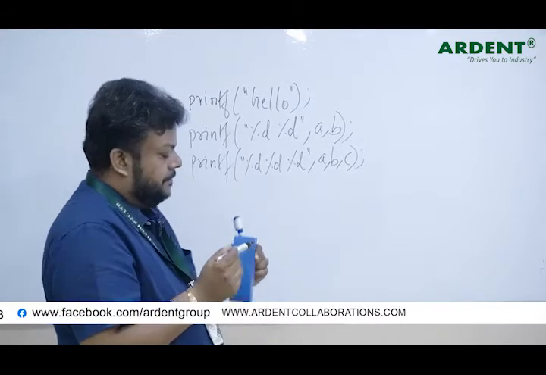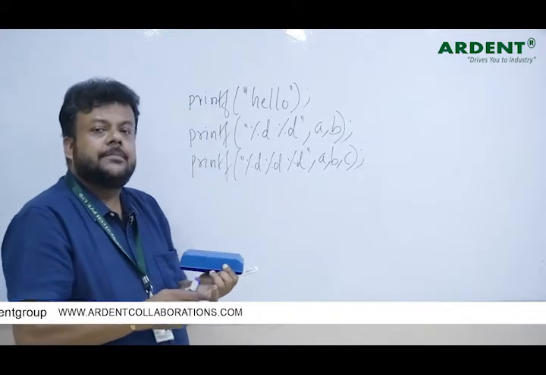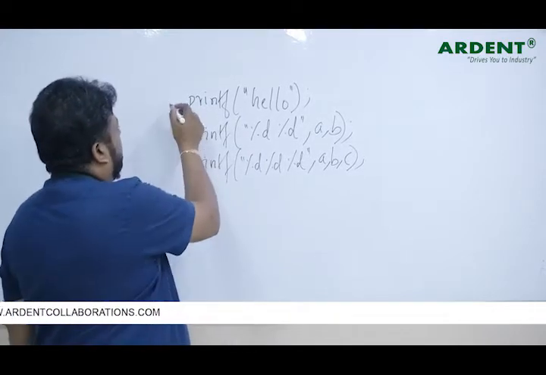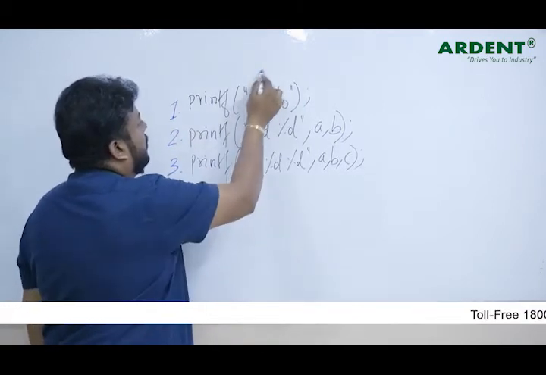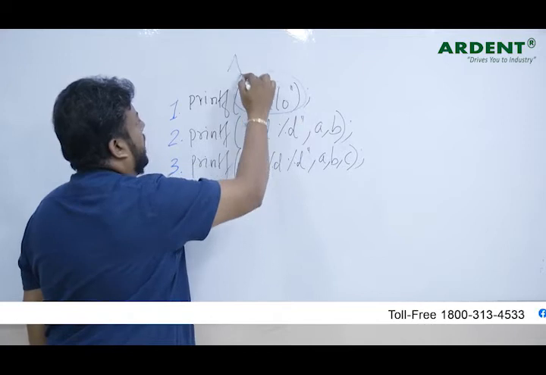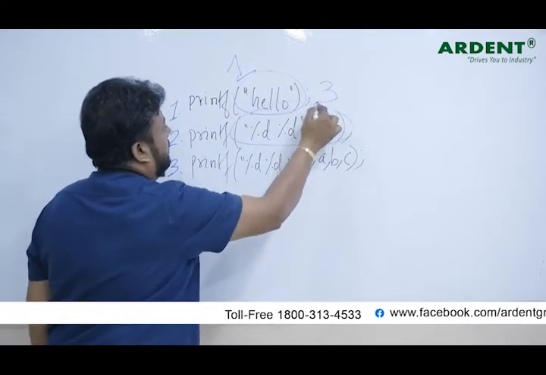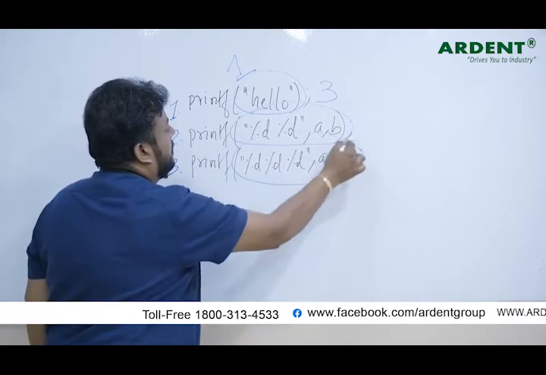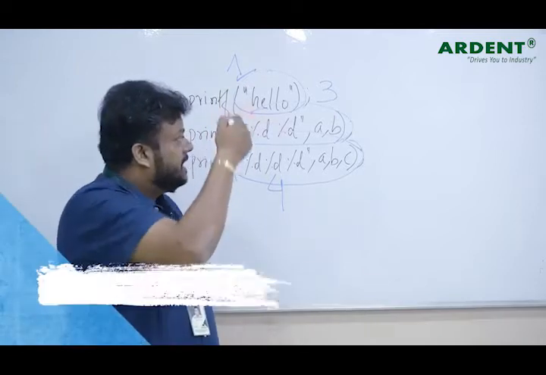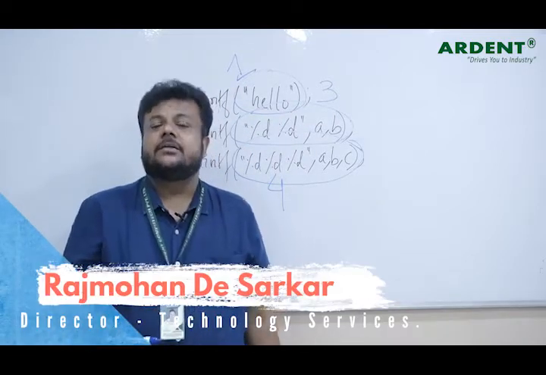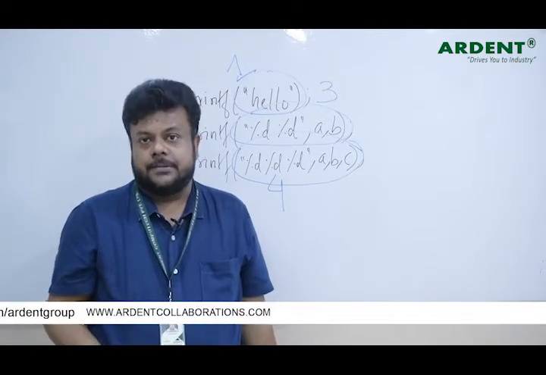So as you see, I have three printfs here, printf 1, printf 2, printf 3. How many arguments do we have here? 1. How many arguments do we have here? 3. How many arguments do we have here? 4. So this clearly explains that to the printf function we can pass any number of arguments.